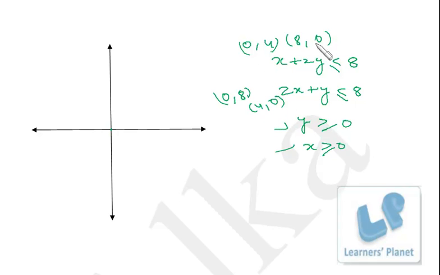So this line is (0, 4), (8, 0), and this is (0, 8), (4, 0). I just mark the points: (4, 0), (8, 0), here it is (0, 4), and here it is (0, 8). So one of my lines is (0, 8) and (4, 0). So I just draw the line neatly.